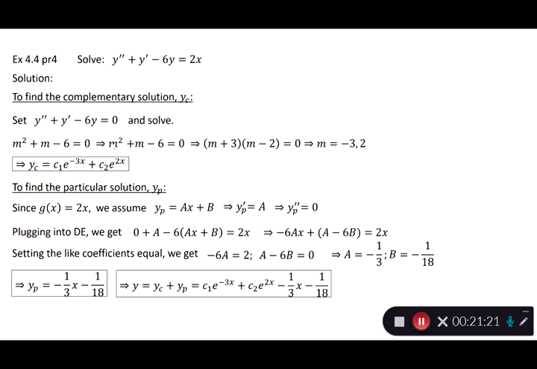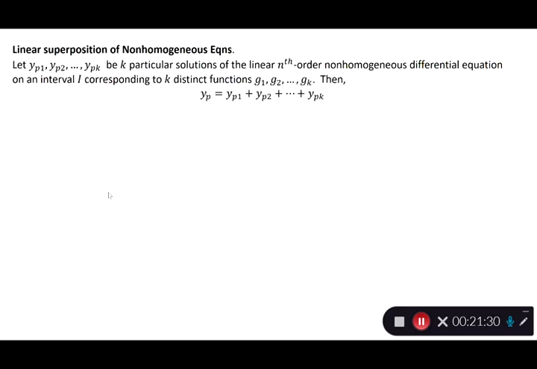Man, I forgot. 2x. Yeah. So that g of x was a simple single function, 2x. But what if g of x is more than one function? Is that what we have? x squared, 1, and 2 cosine 3x. So g of x is a combination of 3 different functions.